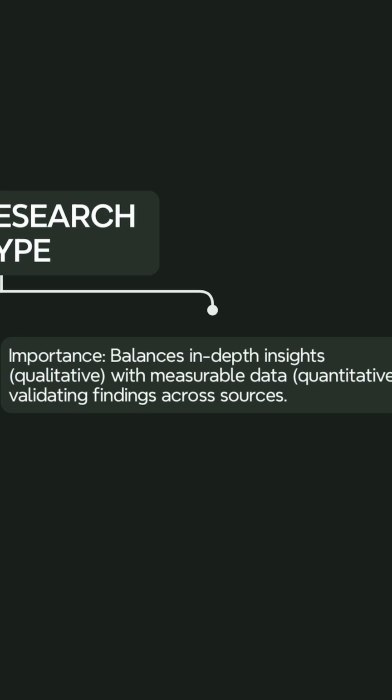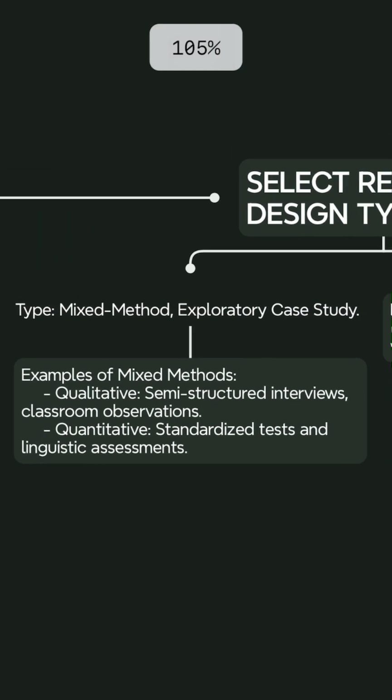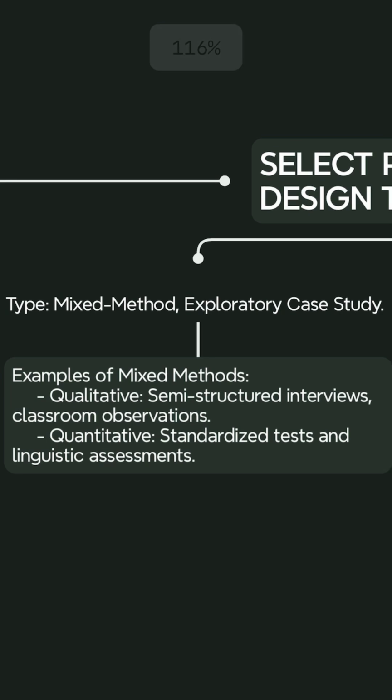Validating findings across sources. And I told you before in the previous videos that we did triangulation. These are the examples that we used. What are the methods we used? We used qualitative methods, which were semi-structured interviews and classroom observations, and we used a quantitative method, which was standardized tests and linguistic assessments.